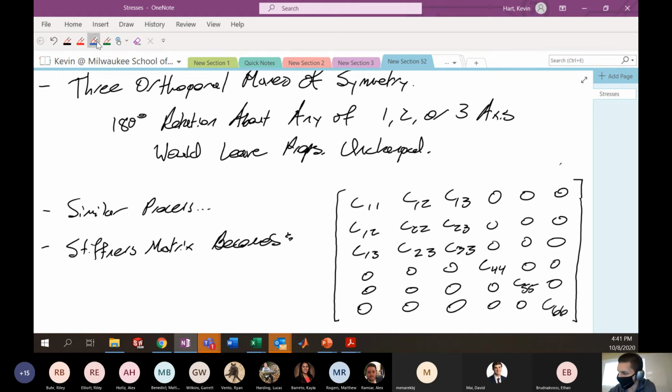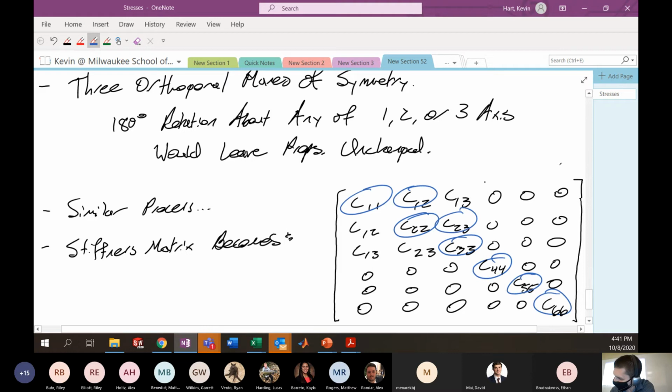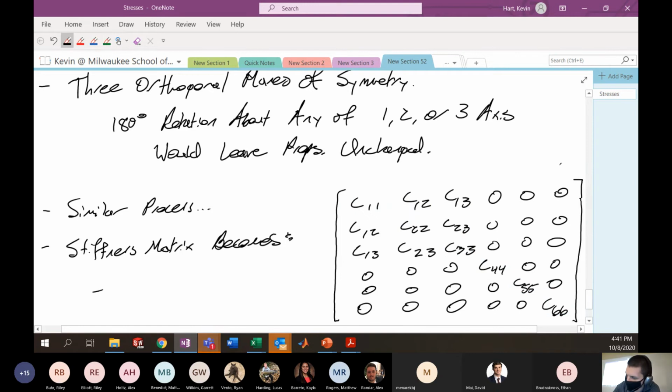So here now we have what would be 1, 2, 3, 4, 5, 6, 7, 8, 9 independent constants. So we've gone from 21 to 9.